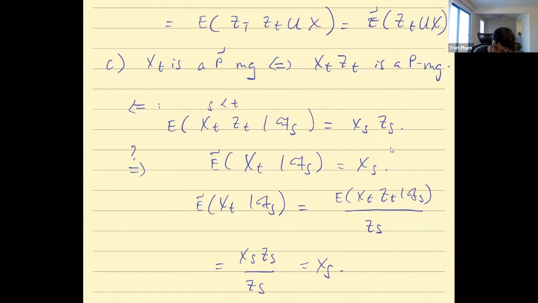Conversely, if we know this is true, then because of exactly the same formula, putting xs over here, we know that this conditional expectation will be xs times zs.